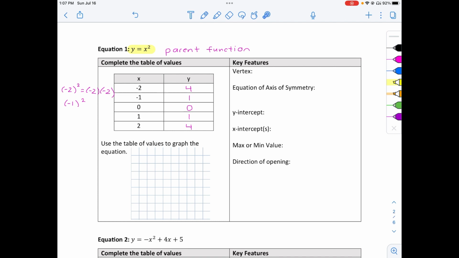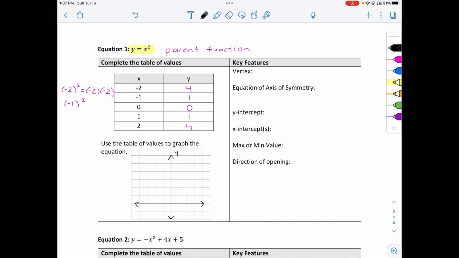Okay, so I'm going to graph what the curve would look like, and then we will write out what the key features are. So if I have my x-axis here, y-axis kind of in the middle there, I'm going to plot what this would look like.